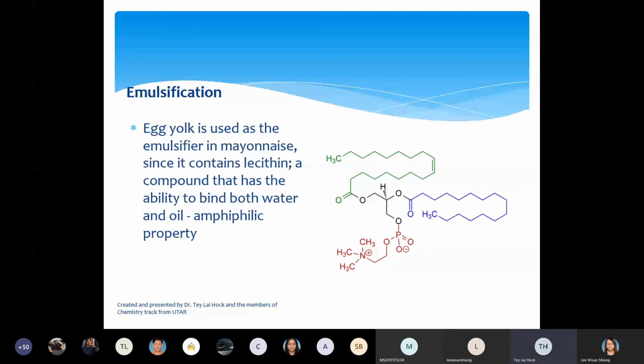Okay, now what actually causes emulsification? Today for mayonnaise we're going to use egg. Egg yolk is a natural emulsifier. One of the reasons is that egg yolk contains a compound, which has a complex structure.